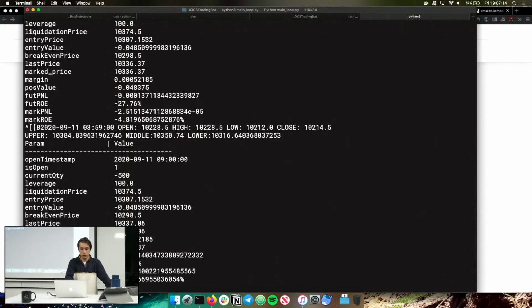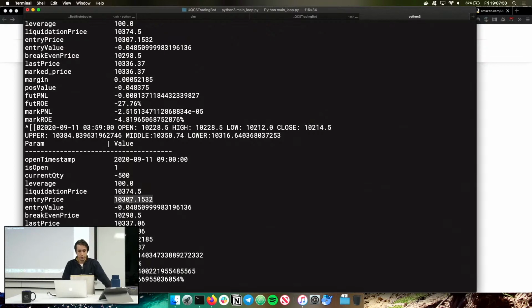And so if we have a look at our marked return on equity at the moment, we are 84% up. So in the last minute, we've gone from 4% down to 84% up. So that's at the moment, a great trade to be holding on to. So if we have a look, entry price at 307, marked return on equity 84, our close price up here is 10,214.